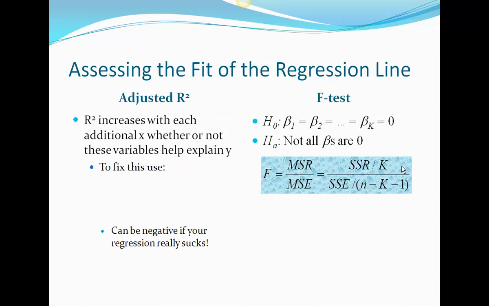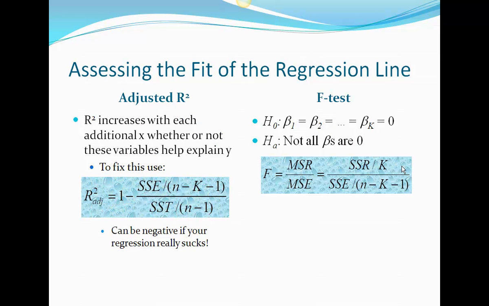R squared and adjusted R squared. So I've given you the equations here for what R squared and adjusted R squared do. R squared is a goodness of fit. It tells you the percentage variation in your dependent variable explained by the regression.